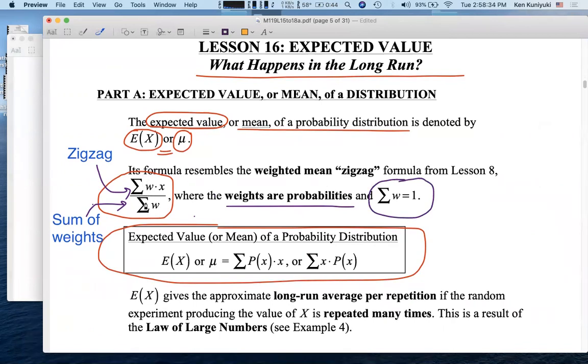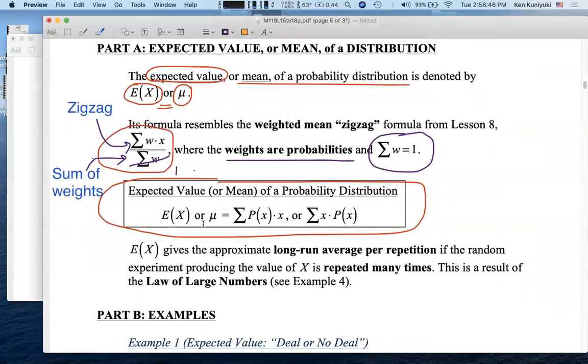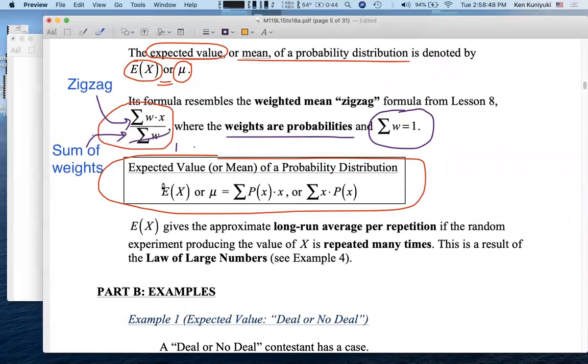So basically, we're taking the zigzag formula from Lesson 8. We know that the sum of the probabilities in a probability distribution has to be 1. So we can ignore the denominator there. And we're basically left with this formula for the expected value or mean of a probability distribution. E of x, or mu, equals summation of the probability of x times the x value, or you can switch these, summation x times p of x.